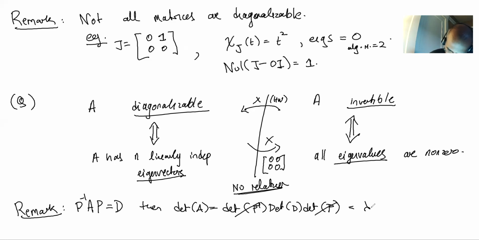So this is equal to the product of the eigenvalues. Well, we haven't said what happens if there are fewer than n eigenvalues. We'll talk about that next week. But this is another way to see it: if one of the eigenvalues is 0, then the determinant is 0, and that's if and only if. So this is how this relates to previous concepts that we learned.